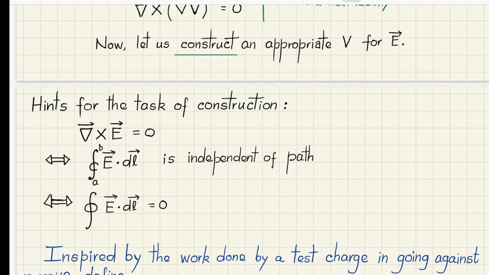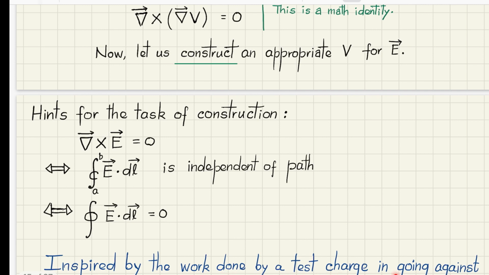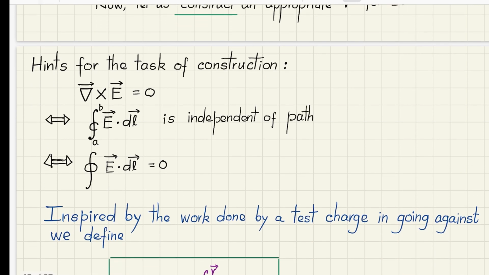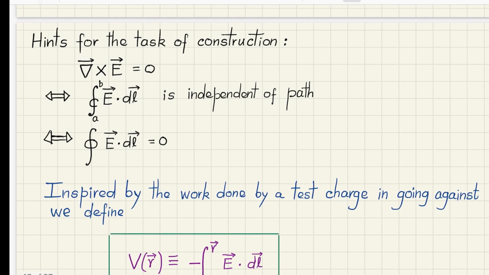So inspired by the work done by a test charge in going against the field, we define V at any point R, this is a scalar, R is the position where you are calculating the scalar, by minus the integral from some convenient reference point to the point R where you want to calculate, of E dot dl.